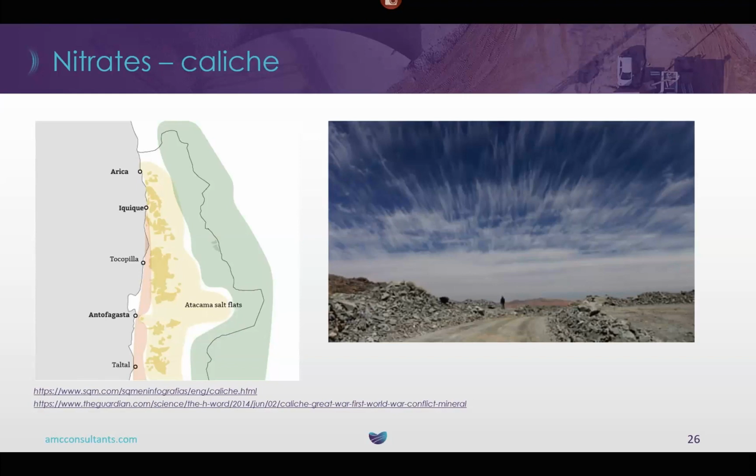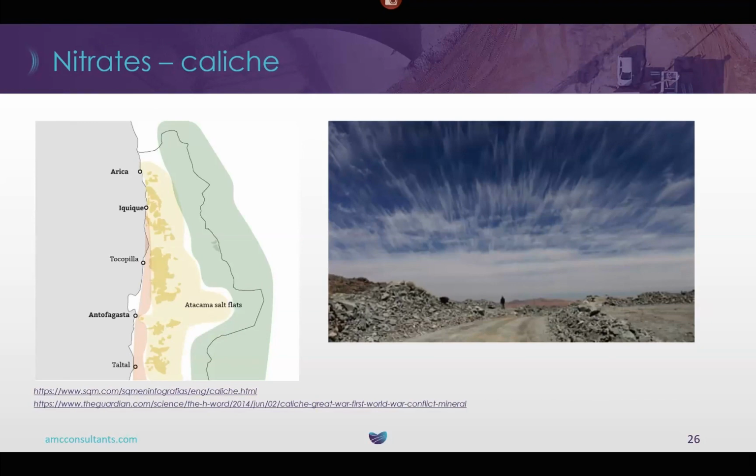So again, the areas where there's now a lot of exploration for salars, for lithium. But going back historically, there was no other source for nitrogens. And nitrogen is important in fertilizer, but it's also important in explosives. So ammonium nitrate, so ANFO, based on nitrates, the only place to get them at that stage in world history was in the Atacama Desert.